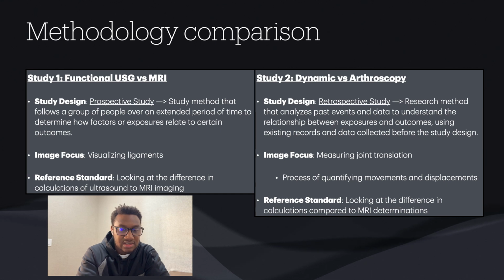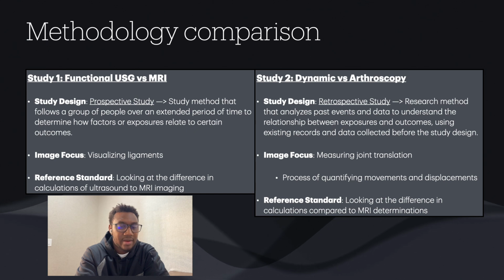While a retrospective study is a research method that analyzes past events and data to understand the relationship between exposures and outcomes. They use existing records and data collected before the study design.